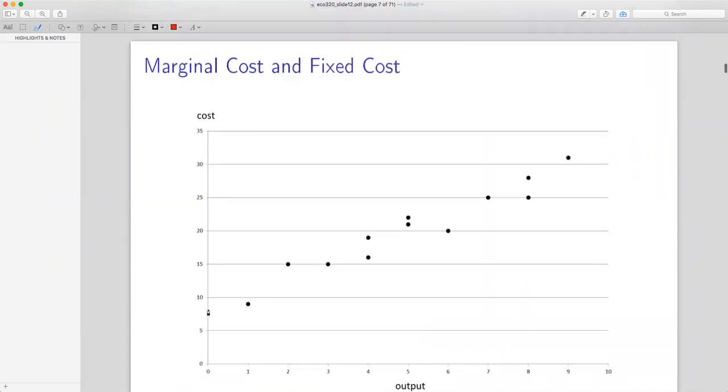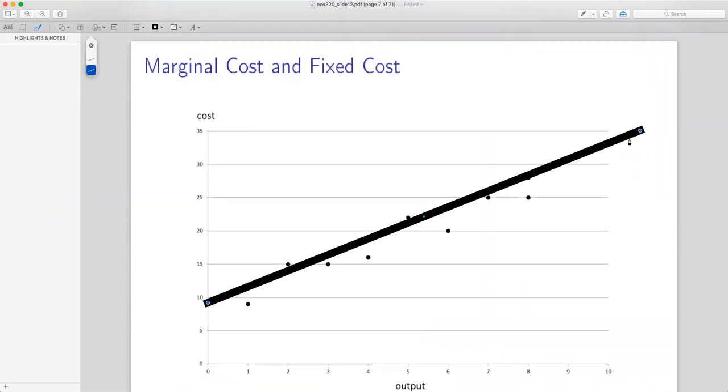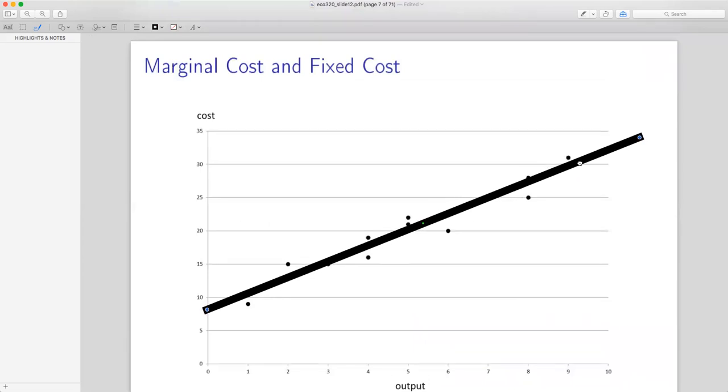Let's come back here. For example, I drew this line. The error term is coming from here. I'm trying to fit this line, but as you can see, there are some differences over here, over here, and over here.